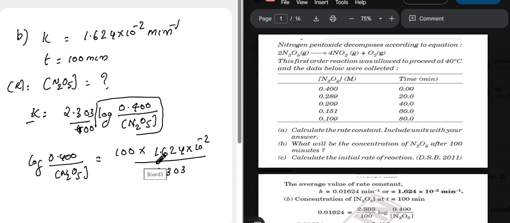Now we have 100, the 10 raised to minus 2 goes off, so 1.624 divided by 2.303. Both have an equal number of decimals, so we can divide 1.624 by 2.303. Okay, let me calculate.